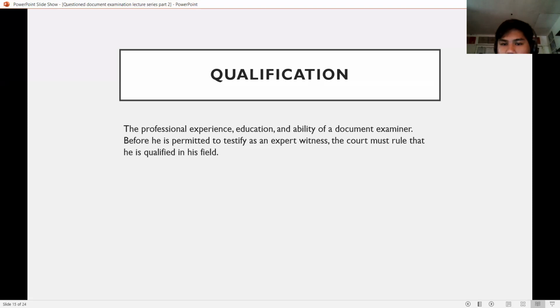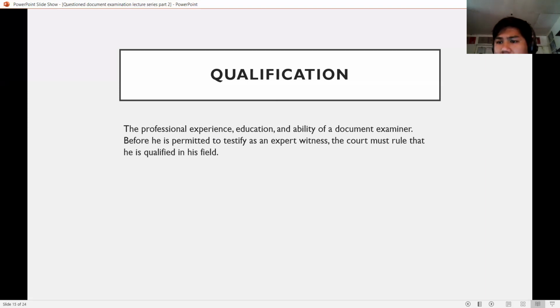So dili basta-basta kang madawat sa judge as an expert witness unless you can prove during trial, paadto ka sa witness stand, dapat i-prove dito imong professional experience, your education, years of training, mga seminars nga imong gi-attend relating to document examination, and your ability, pila na kabook imong na, how many times nakatestify sa court as a document examiner, as an expert witness.